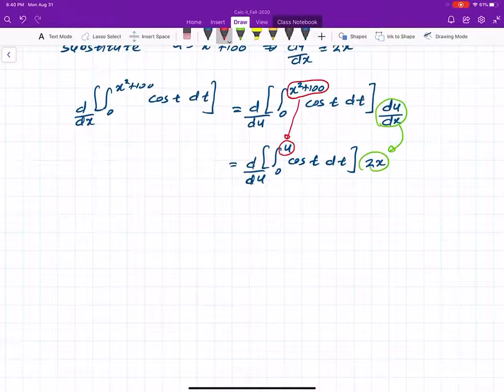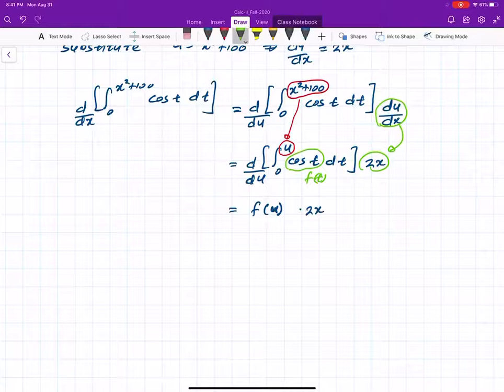All right, and this function is actually f of t. Now I use the fundamental theorem of calculus. You just write f of u. Alright, and then here 2x.